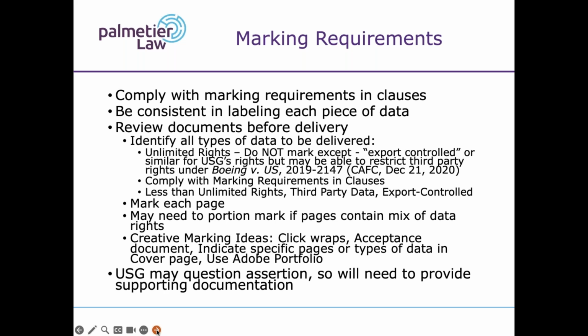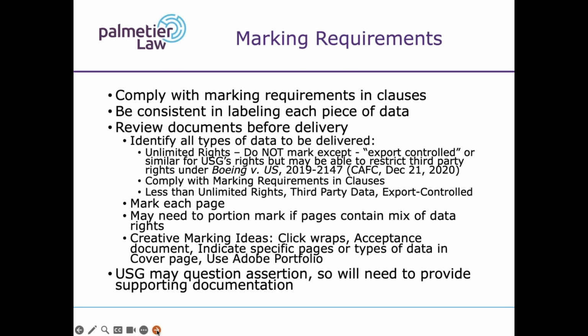Or if you assert that something is SBIR rights and the government says, no, no, no, you didn't develop it under the SBIR contract, you developed this for us under a different contract to which we have unlimited rights, the burden will be on you to show under which contract you developed each technology. So timesheets, version control of your IP, some way to trace which parts are developed under which contracts.